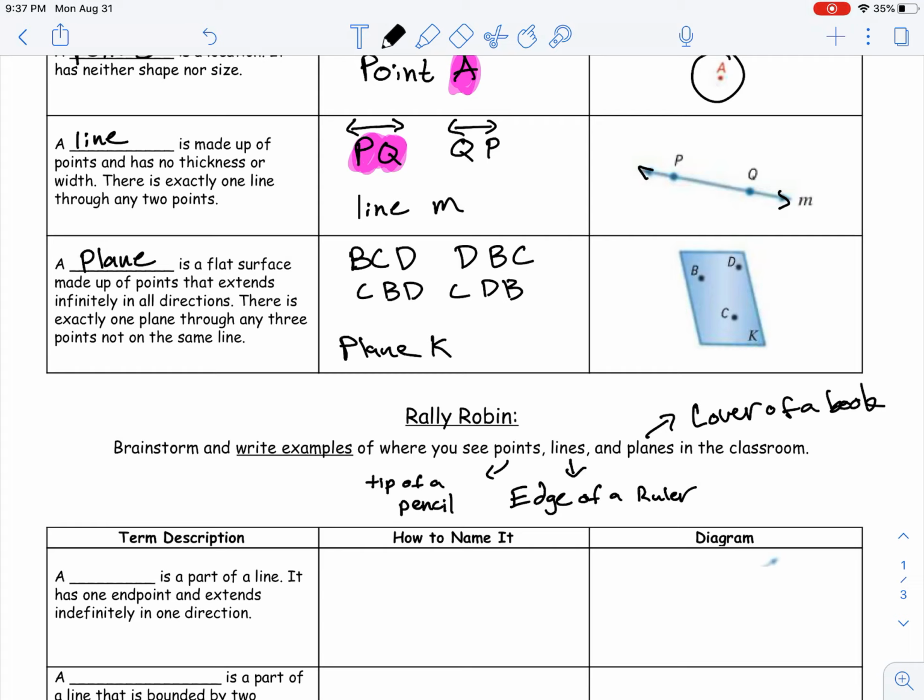Instead of being 8.5 inches by 11 inches, like a regular white sheet of paper, a plane goes on in infinite directions everywhere. So infinitely up, infinitely down, infinitely right, infinitely left. And this one's a little bit easier to explain in person, but that's what a plane is. It's a two-dimensional object, but it goes infinitely up and down and infinitely left and right, and it has zero thickness. It's like no thickness at all.